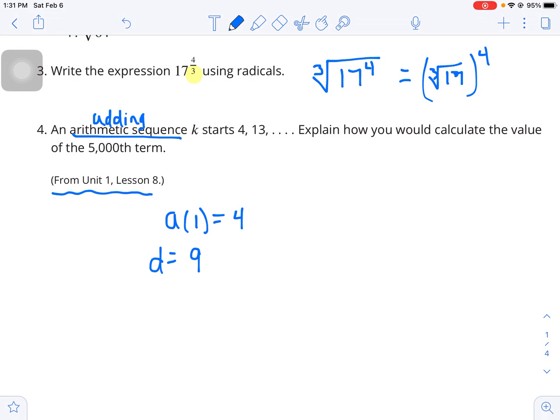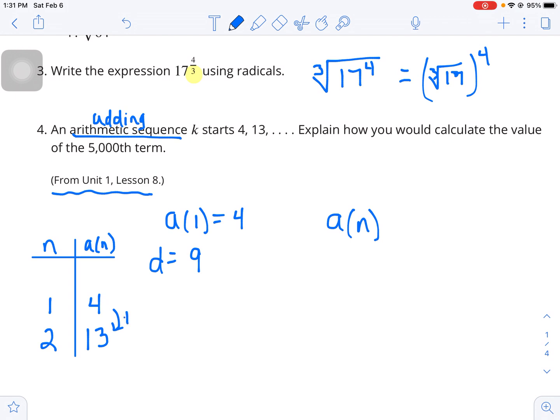So this is a linear sequence, and if I think of it as n and a sub n, kind of an XY table, I know that if n is 1, a sub n is 4, and if n is 2, the second term, a of n is 13. So I added 9 here, and so to get the 0th term, I'm going to subtract 9, and so I have a -5 here.